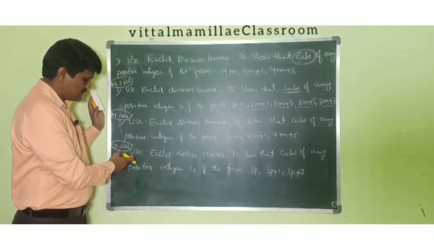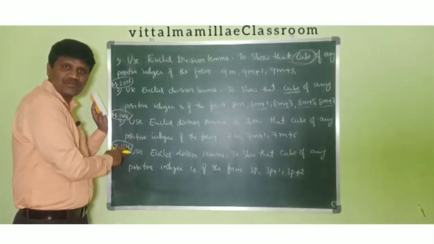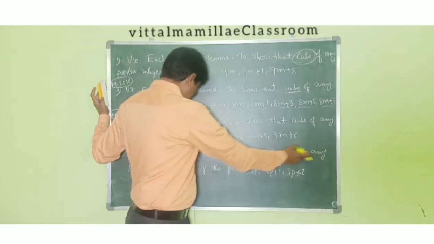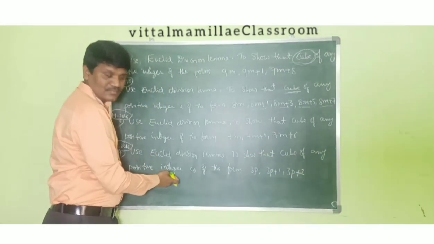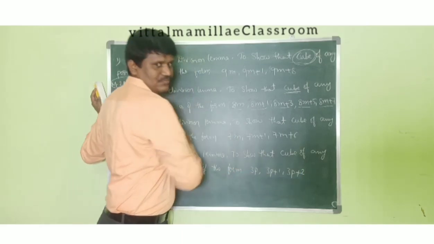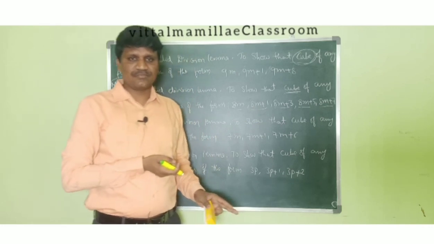And the third one is a public examination problem. It came in June 2016. Use Euclid division lemma to show that cube of any positive integer is of the form 3p, 3p plus 1, 3p plus 2. This is the easiest problem. Already we have seen it in the square problem.